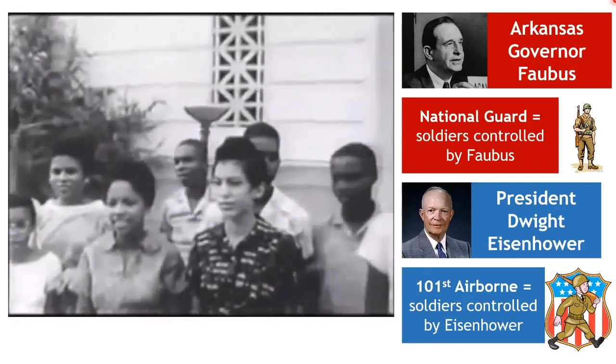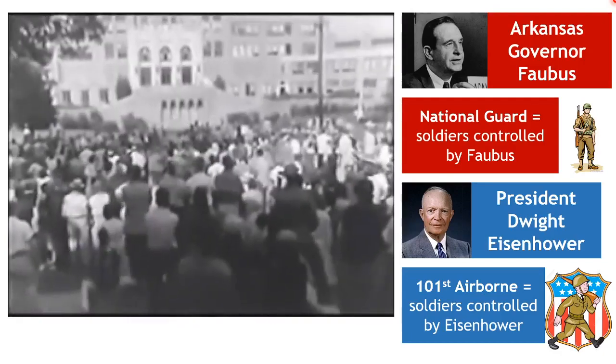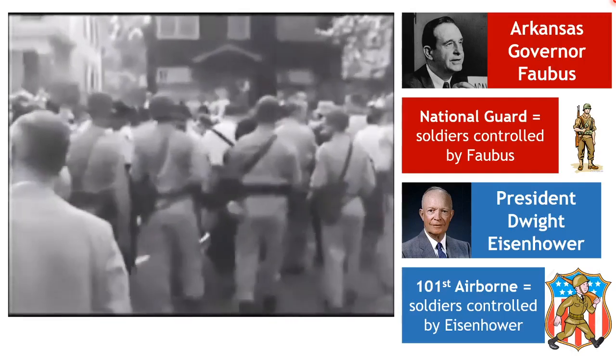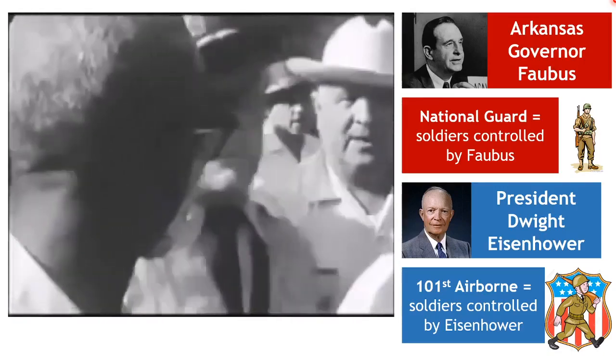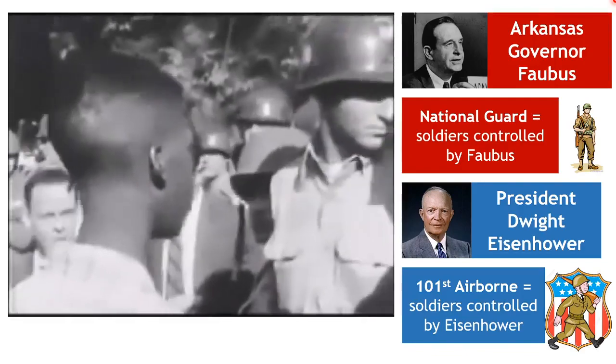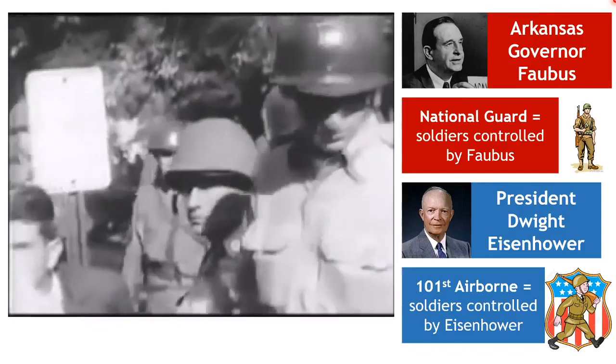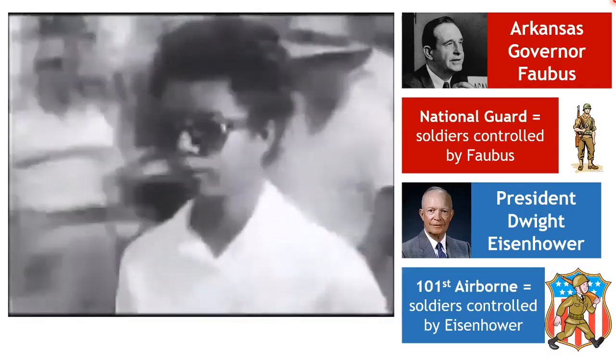They expected some harassment, but no real trouble. The 8 children and the adults with them were turned away by the National Guard. The 9th student, Elizabeth Eckford, had missed the call to gather with the others before school. Elizabeth Eckford walked alone and met a mob.